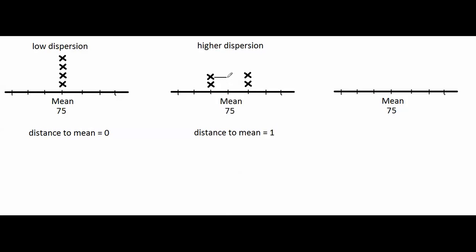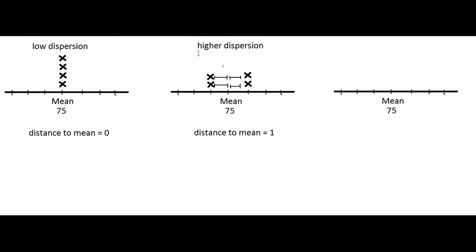So we can make some bars to show these distances. And if the value is 1 below the mean, we'll mark the distance as a -1 to show that it's 1 below the mean.